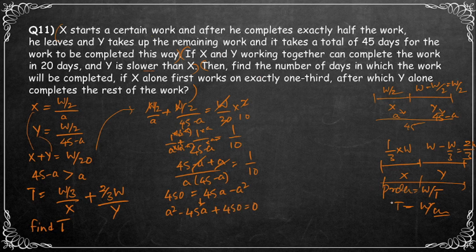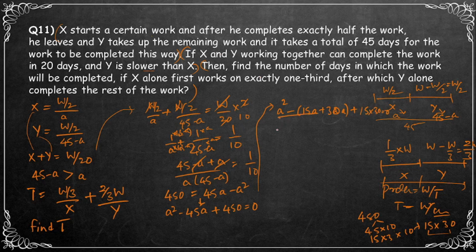We need to solve this equation. So we can write 450 as 45 into 10, but if we add, we get 55. So we need to find another combination. 15 into 3 is 45, into 10. So 15 into 30. So these are the factors because 15 plus 30 is 45. So we can rewrite this equation as a square, 45a can be split as 15a plus 30a, plus 450 can be written as 15 into 30, is equal to 0.